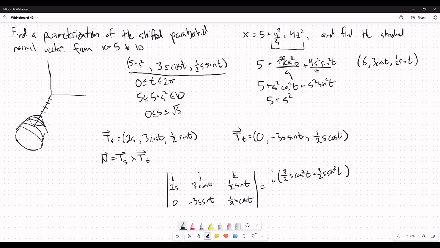Yeah, usually you can expect some Pythagorean identity stuff to happen with these. So that was kind of a clue that something went sideways. For goodness, I know my letters. For j, we'll have 0 minus 2s times 1/2 s cosine of t. That's the one that I said earlier. That's going to be s squared cosine of t.